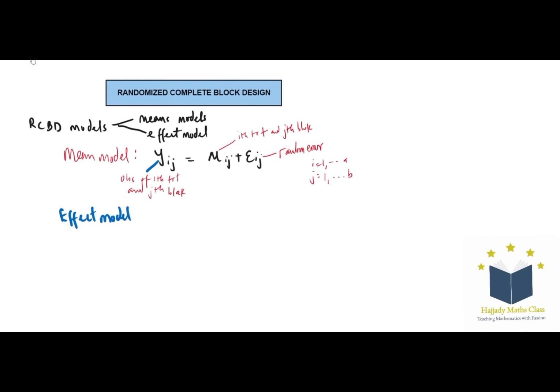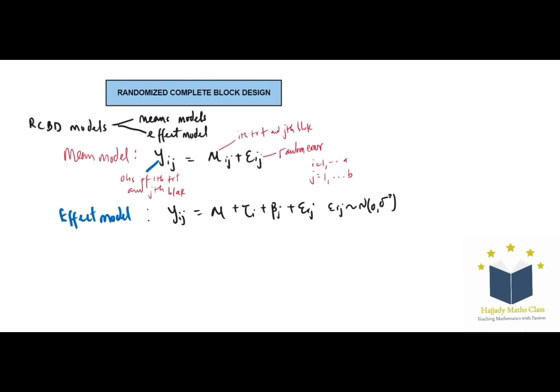When we talk about the effect model, here we have that our Yij equals mu plus tau i plus beta subscript j plus Eij. In this case, our Eij is normally distributed with mean 0 and variance sigma square.